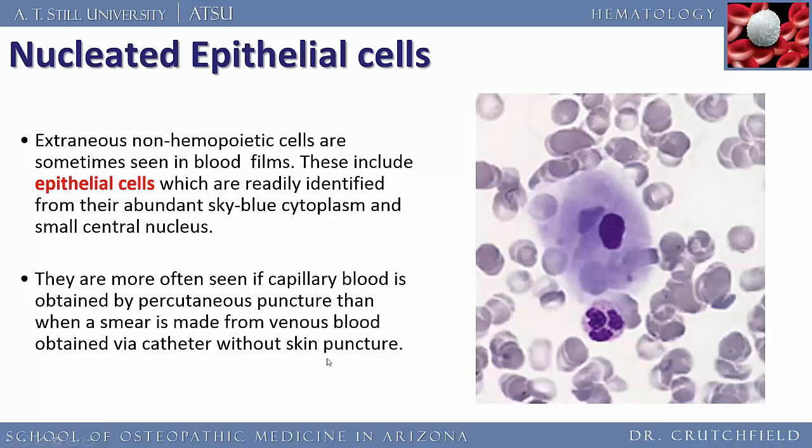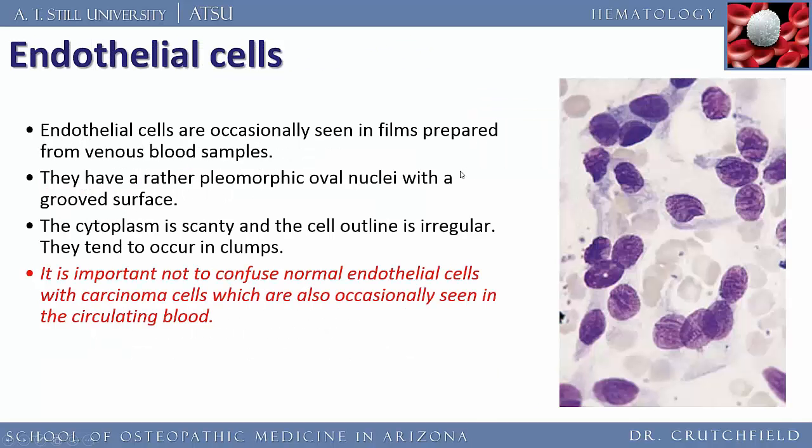And you'll often see these on blood that's drawn peripherally, meaning that we stabbed you in the antecubital vein to get this, as opposed to drawing blood from a catheter where the blood is coming straight out of the circulation. If it's coming straight out of the circulation, you won't get skin cells, but if I draw it peripherally, you will.